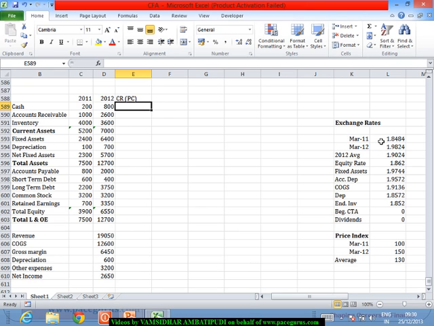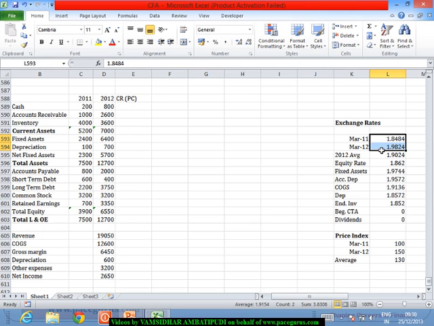So here what is the simple thing I can observe? 1 unit of domestic currency is 1.84 as of March 2011, but it has become 1.98. So what is the indication?